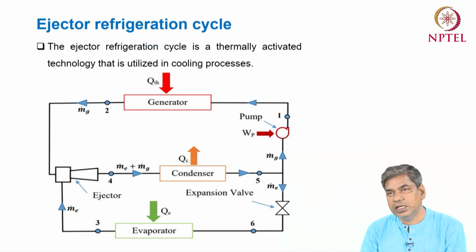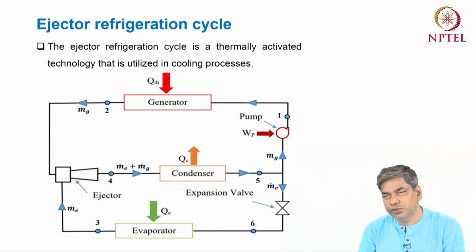On the other side, you can see the mass flow rate m dot G, which is the mass flow rate to the generator. That mass flow rate goes to the pump, where the pressure is increased from the condenser pressure to the generator pressure, from state point 5 to state point 1.